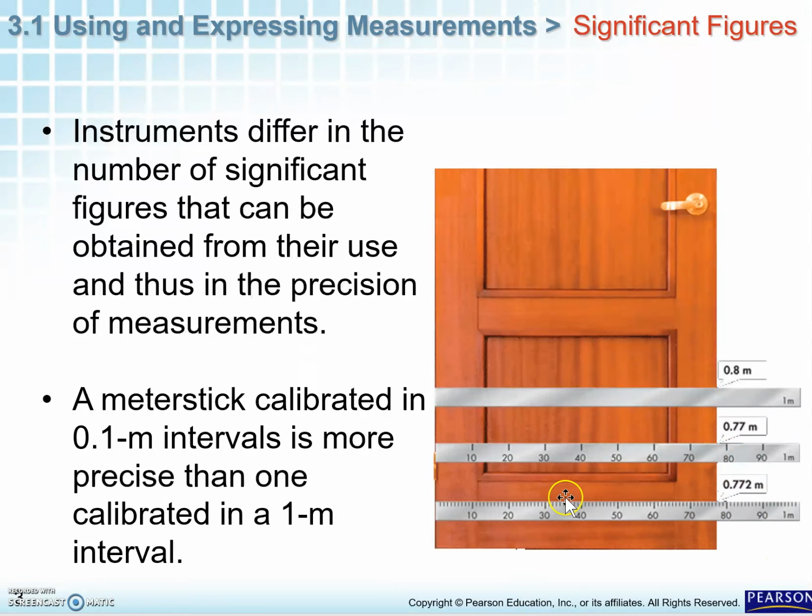Finally, we get an even more precise measurement here. Again, we have our 0 value on the left, our 1 meter value on the right, and the tens units in between that we had before, indicating how many centimeters we have. Now we also have the individual centimeters: 1, 2, 3, 4, 5, 6, 7, 8, 9, all the way up to 10, so we can be even more precise.